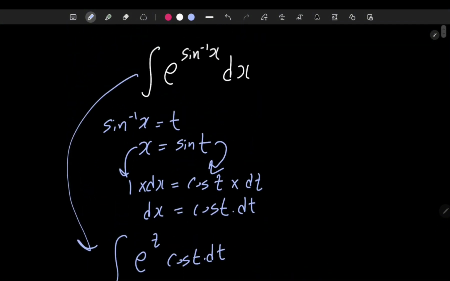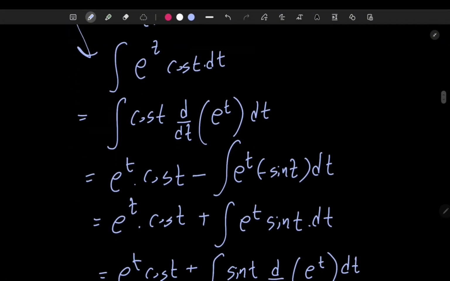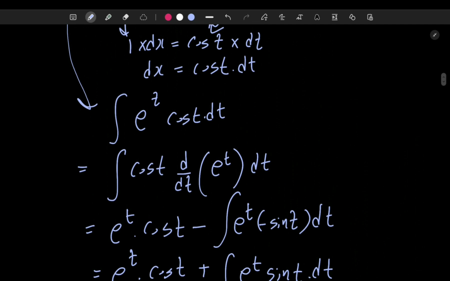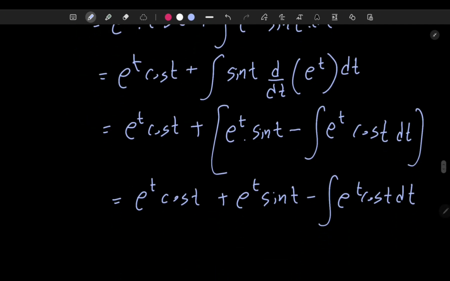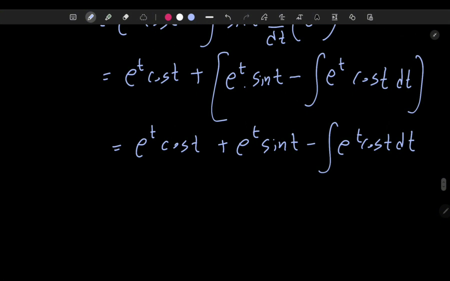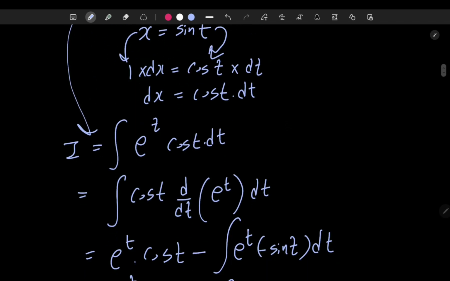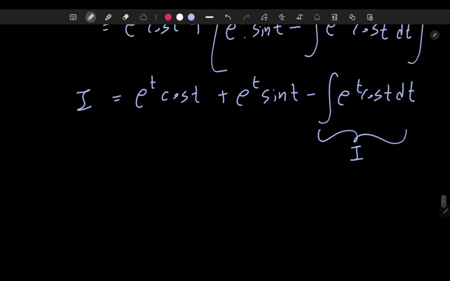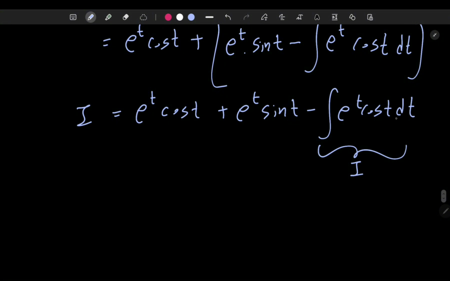This is the function we are solving, right? Here this is e to the t cos t, and here it is also e to the t cos t. This is the integral I, the integration of e to the t cos t. Now I'm going to write this as I. These are common, right?